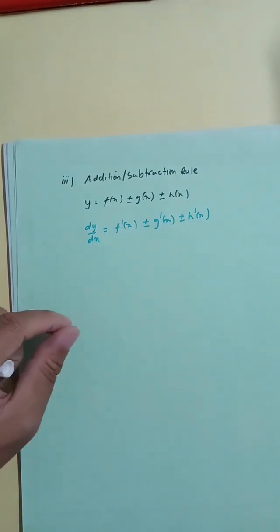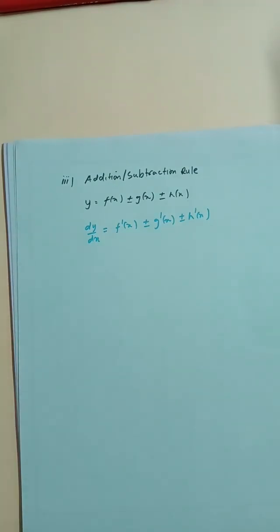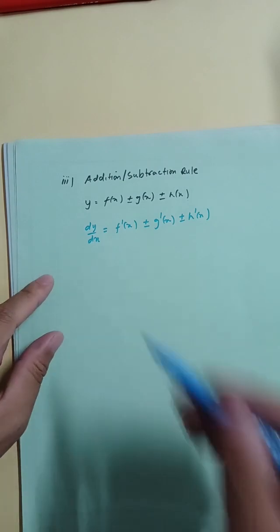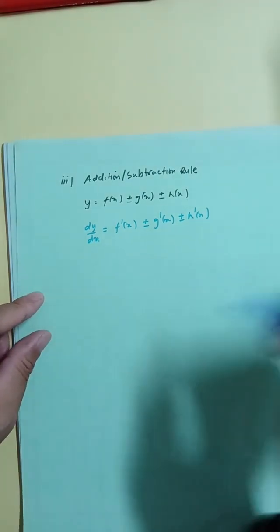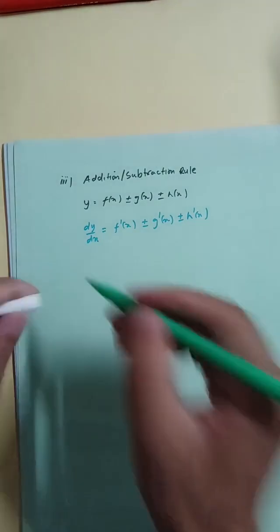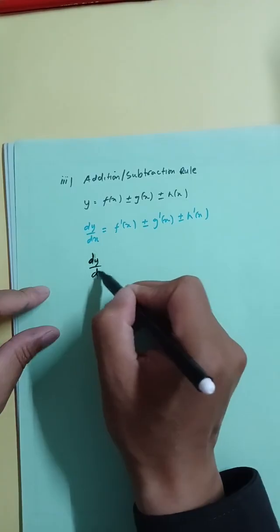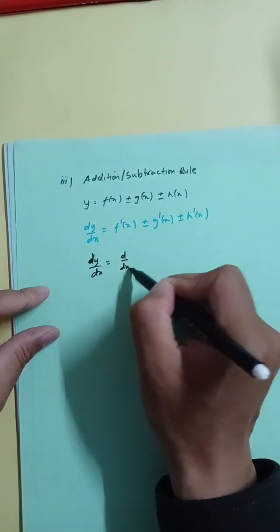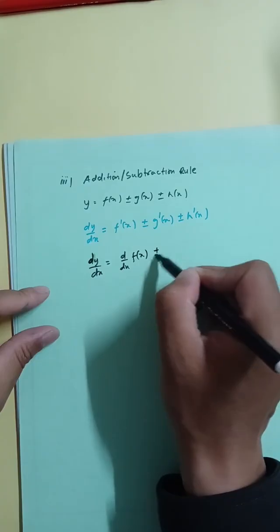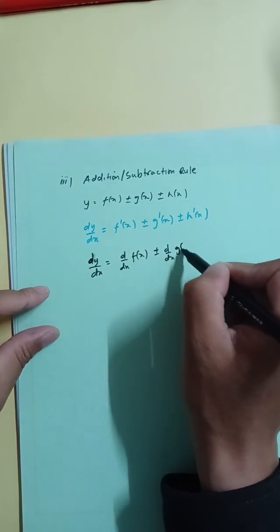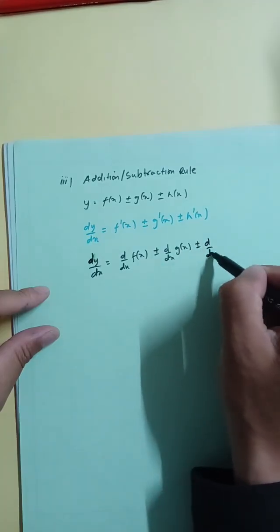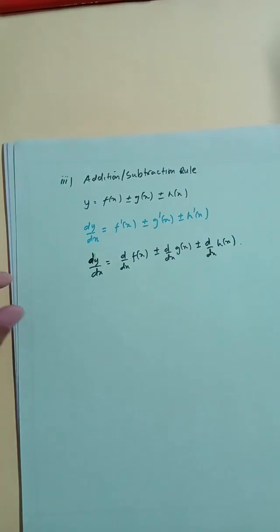You will also see this type: dy over dx is equal to d by dx of f of x plus or minus d by dx of g of x plus or minus d by dx of h of x. There is a rule for addition, subtraction, division, multiplication, yes, definitely.